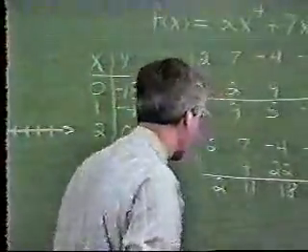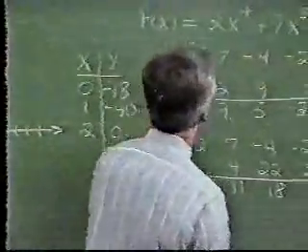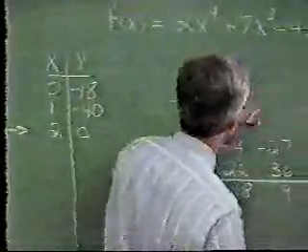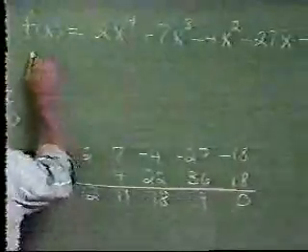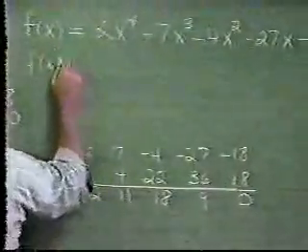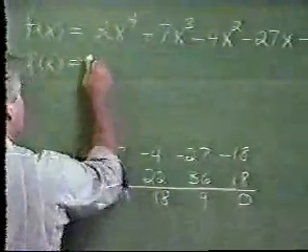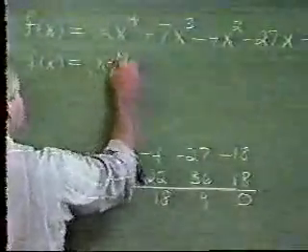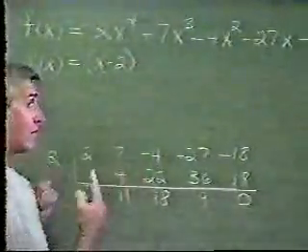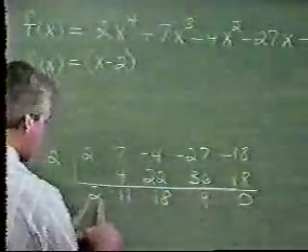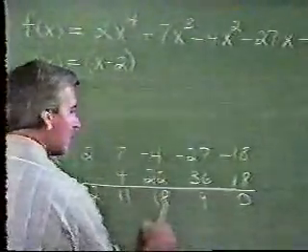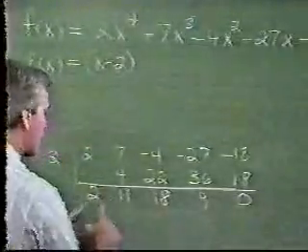So here's what we understand. We know then that f of x has as one of its factors x minus 2. And the other factor is found right here in the synthetic division process. It is given by the entries at the bottom of the synthetic division.